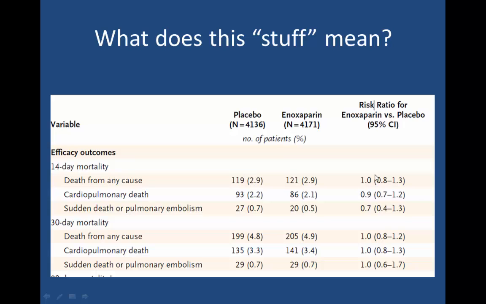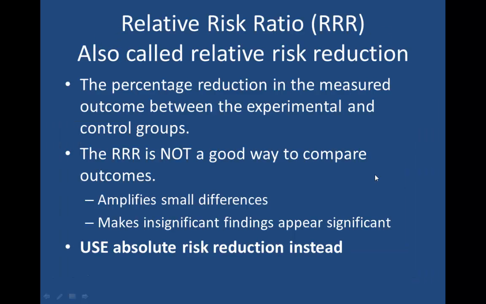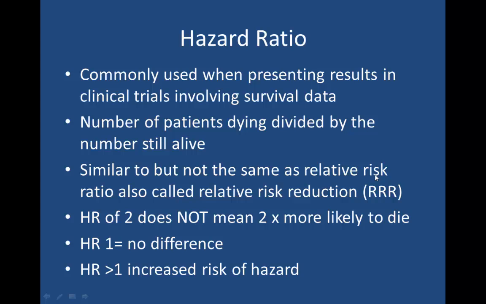It's 0.1%. What if I did the actual percent difference between this value and this value? Do you see they didn't just do math here? They didn't do 0.7 minus 0.5 and come up with this number. That's not how they got it. This was that calculation that we looked at on Wikipedia. But when you're given the choice, if they give you the risk ratio or the relative risk ratio, you're going to say, I'm not going to use just their data, I'm going to do my own.